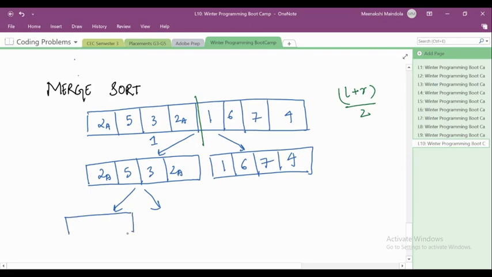Okay. So now you divide this array into equal halves again based on this formula here. So you have 2a and 5, and you have, let us say, 3 and 2b. So the next thing which happens here is this.